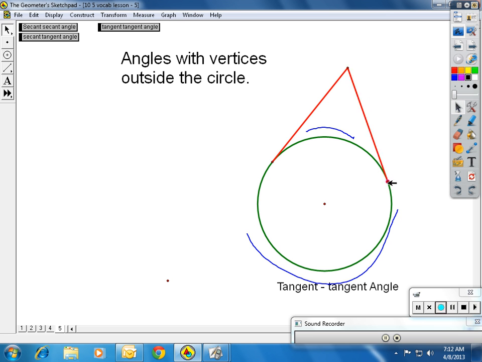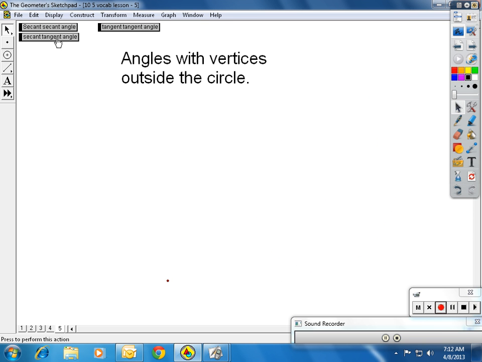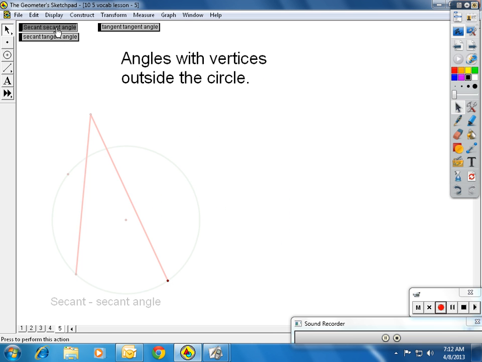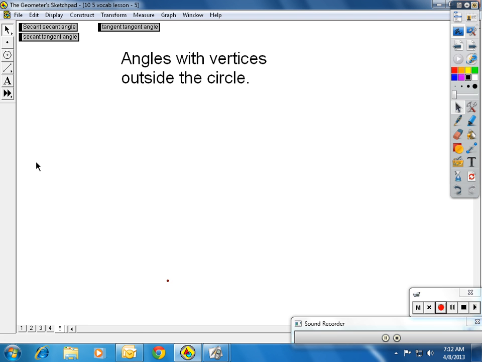You can see the angle measure changes depending on the arcs that they intercept. So, to recap, that is tangent, tangent. We looked at secant, tangent, secant, secant, okay, for vertices outside the circle.